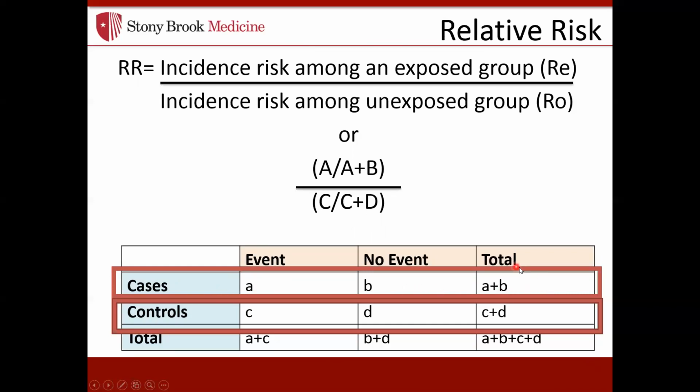So if you have A plus B would be the total amount of cases. Then you have your controls. In controls, you have C number of events, and you would divide that by C plus D. And then accordingly, you would take the risk in the cases, and then you would divide that by the risk in the controls.